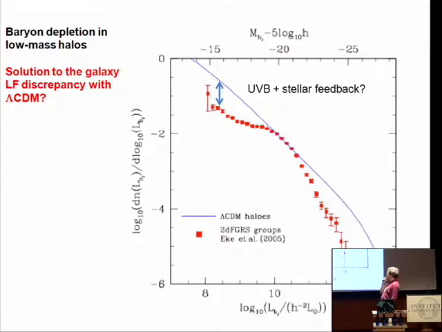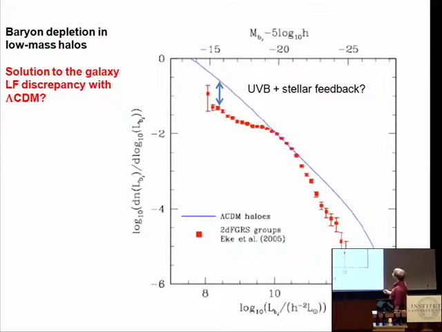Here's a slide that illustrates a long-standing problem in galaxy formation. What's shown here is the luminosity function of galaxies, this from the 2-degree field survey, and you can see that these low mass, low luminosity galaxies are quite a bit below the mass function for dark matter halos predicted by LCDM models.